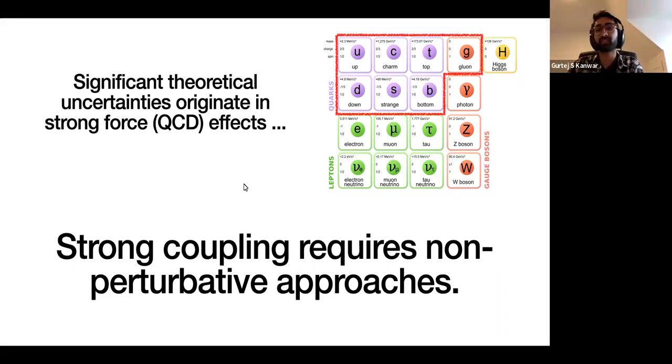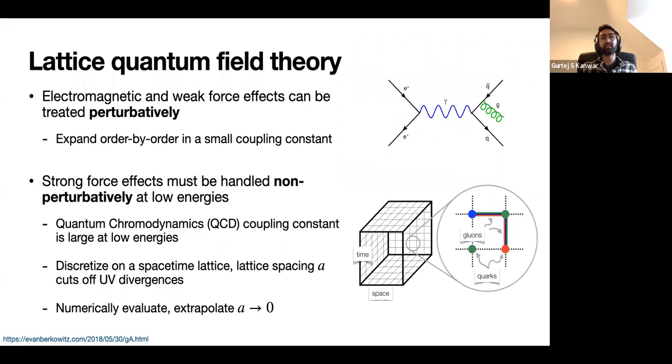And this motivates my particular interest in this direction, which is to work with lattice quantum field theory, which is fundamentally a non-perturbative approach in that it involves a discretization on a space-time lattice. So this would be, for example, a 3D slice of what is actually a 4-dimensional lattice in a standard simulation, with some lattice spacing a that acts as a cutoff for UV divergences.